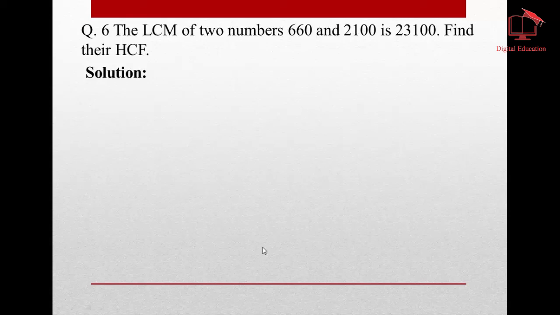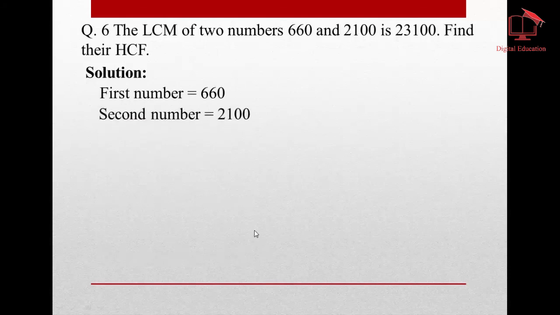Now students, question number 6. In question number 6, the LCM of two numbers is 23,100. First number is 660, second number is 2100 and we have to find the HCF.